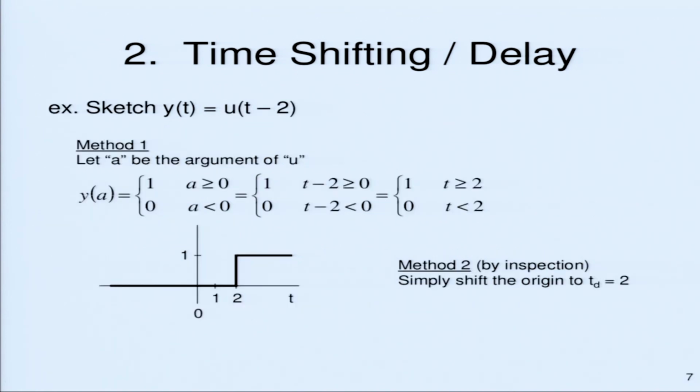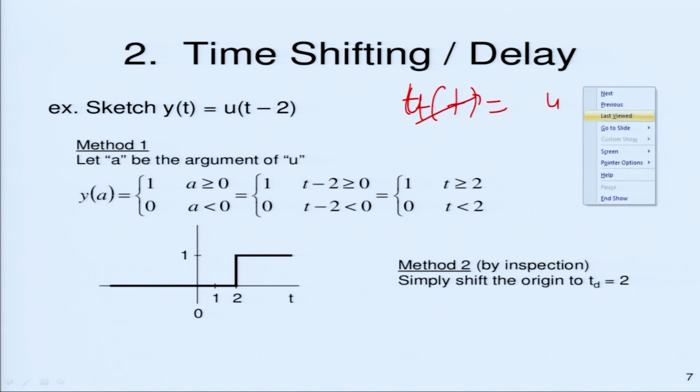See here, what we have done, whatever is the increment when we have t minus 2. One more way to understand this is, when you are saying u(t − 2), what does that mean?